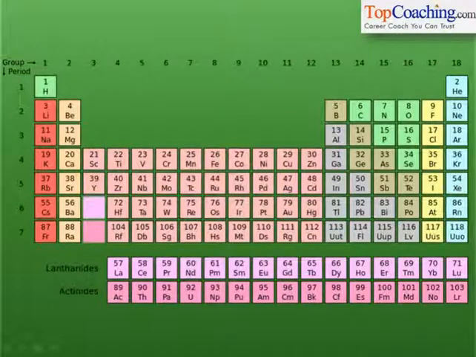So Moseley's periodic table was actually very similar to Mendeleev's periodic table. The only difference was that he arranged elements in the order of atomic number instead of atomic weight. In his periodic table also, the elements which were placed one above the other had similar properties. For example, lithium, sodium, potassium, all of them have similar properties and they are placed one above the other.